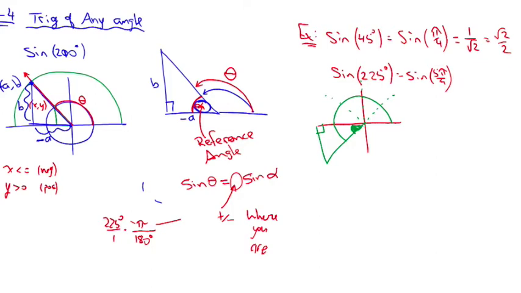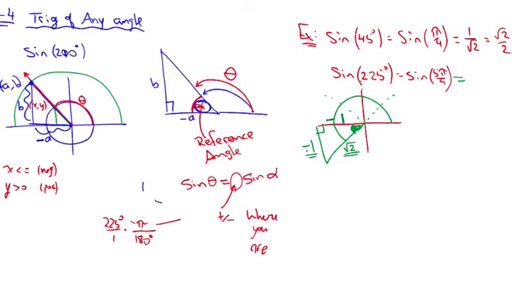All right, and if we label the sides here, this side would be labeled -1, according to the special triangle. This side, since it's going down, is also going to get -1. And the hypotenuse gets square root of 2. So according to this reference angle, the sine is going to be opposite over hypotenuse, so it'd be -1 over square root of 2.